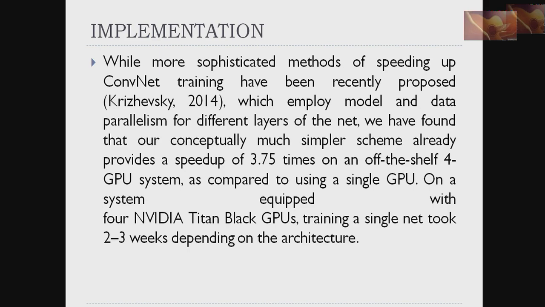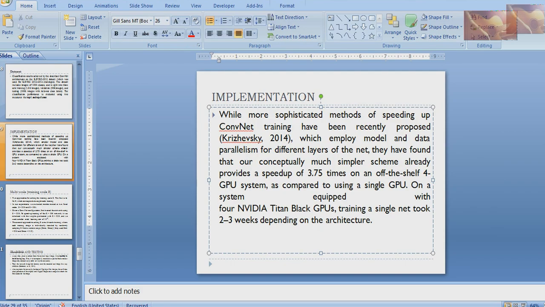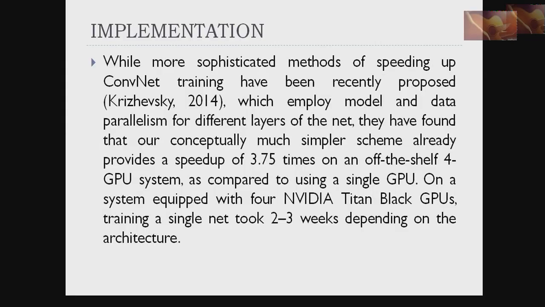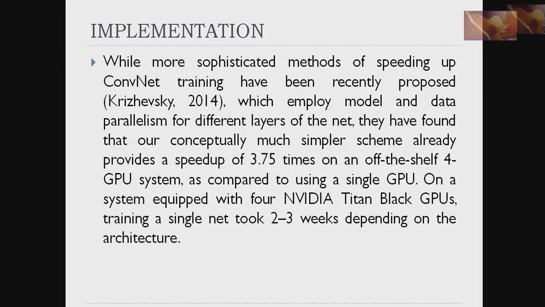While more sophisticated methods of speeding up training have been proposed, AlexNet was in 2012, and the same author employed model and data parallelism. But this paper, VGG, has obtained a 3.75 times speedup.